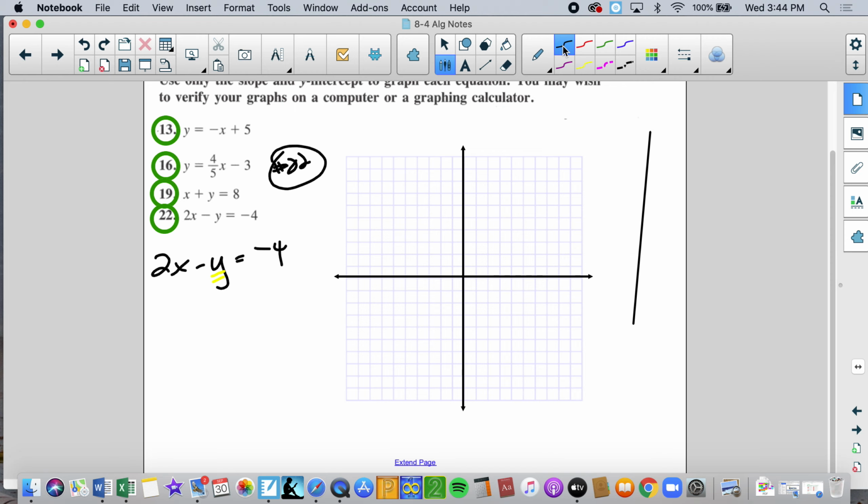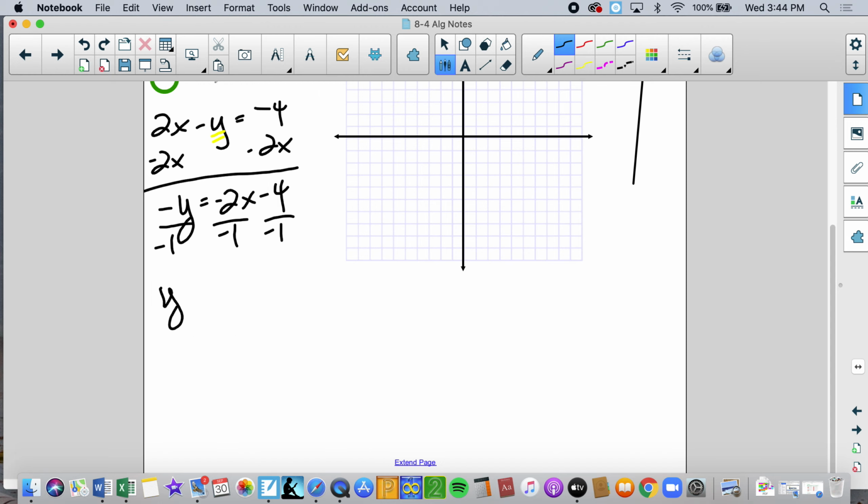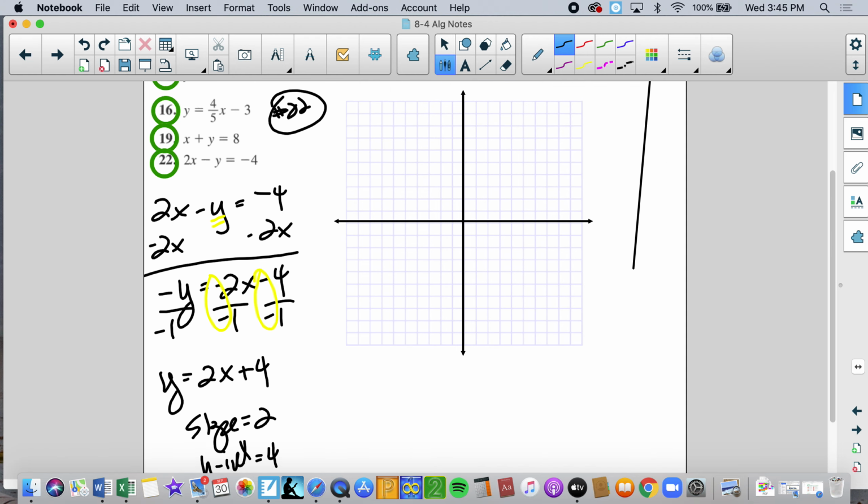So I've got to get rid of the 2x. I'm going to subtract 2x. Negative y equals negative 2x minus 4. I'm either going to multiply by -1 or divide everything by -1. This gives me y equals positive 2x plus 4. The two negatives give me positive 2x and positive 4. So be aware of those double negatives. A negative divided by a negative is a positive. My slope equals 2. My y-intercept equals 4. Let's graph the y-intercept.